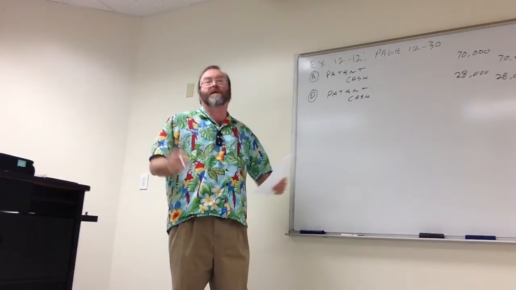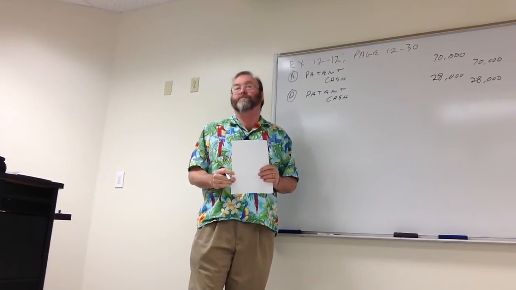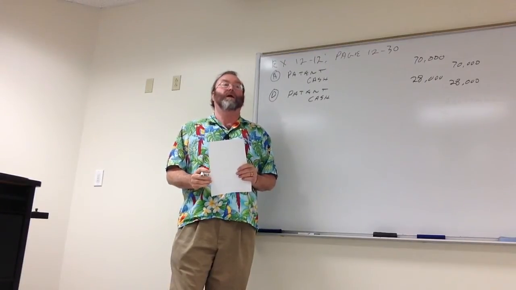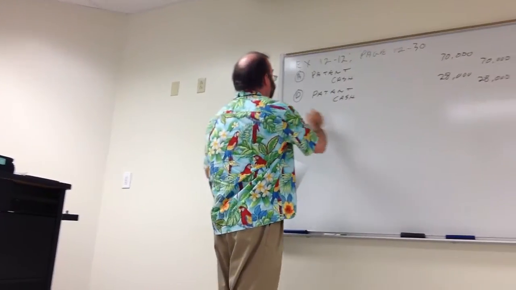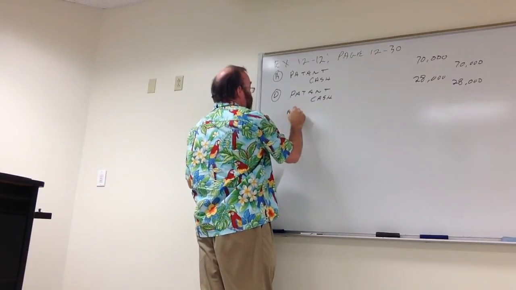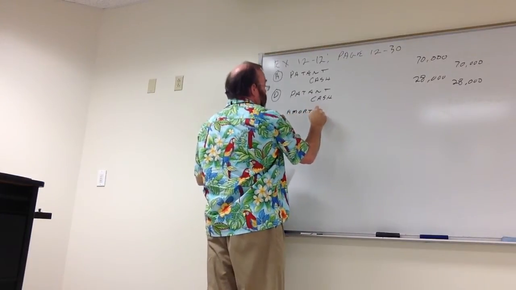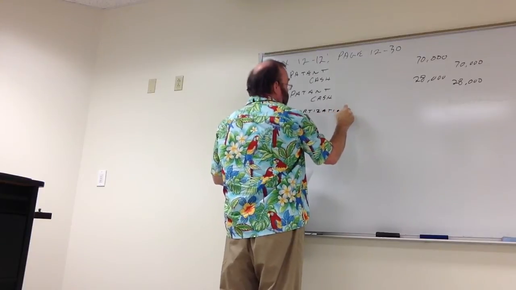So now, when we get to the end of the year, what adjusting entry needs to be made at December 31st? What are we going to debit associated with this now $98,000 patent? Amortization expense.